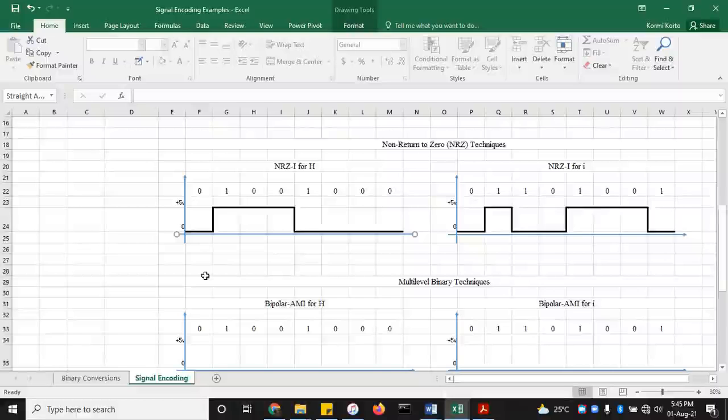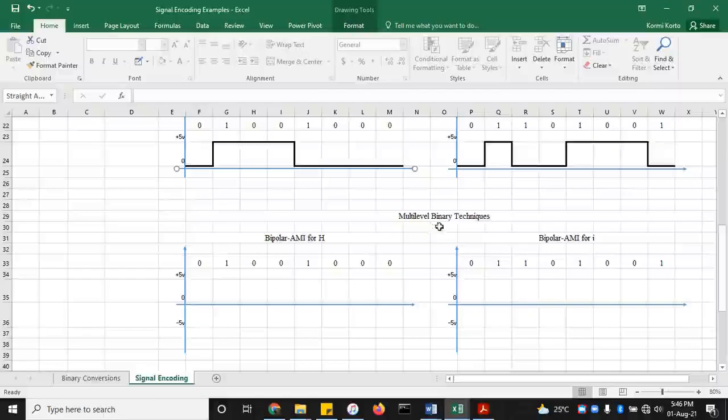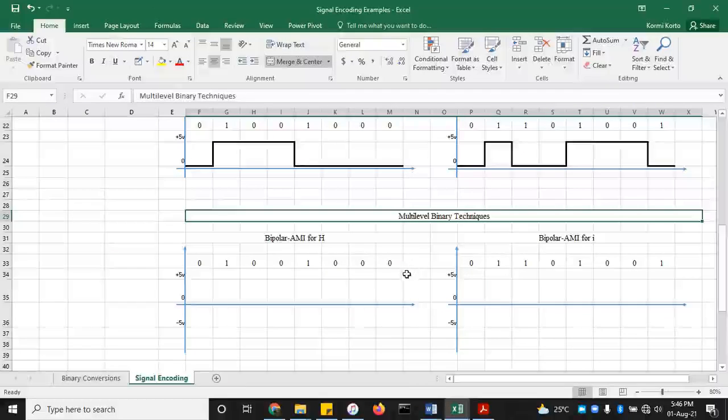With the non-return to zero, we only have more or less one voltage state, at the positive level, while with the multi-level, we're going to be switching between a positive voltage state and a negative voltage state.